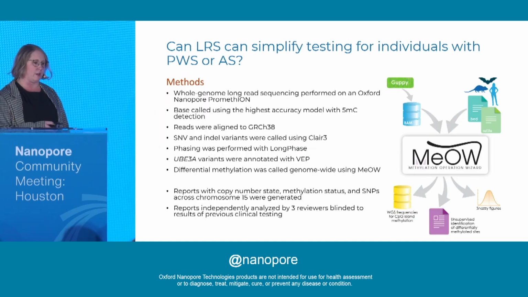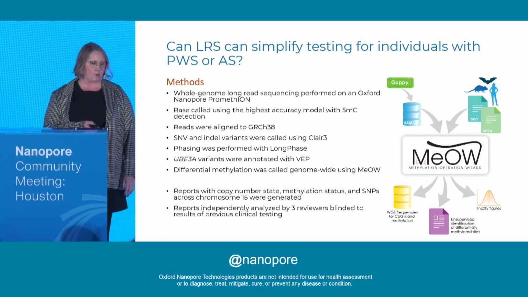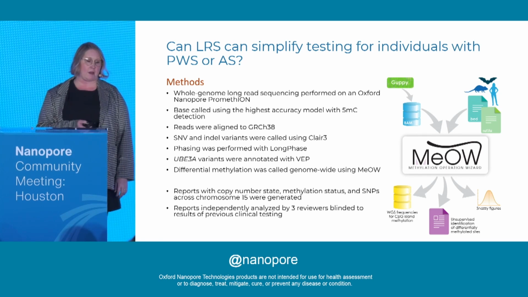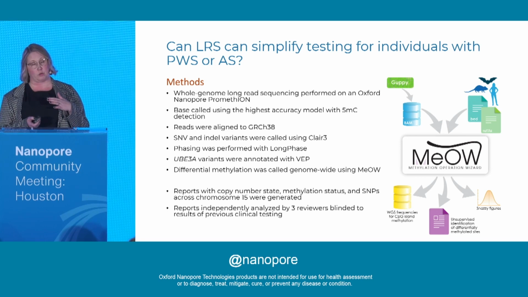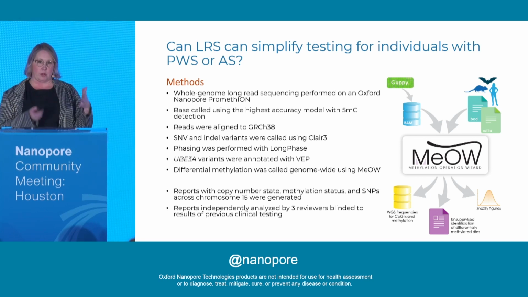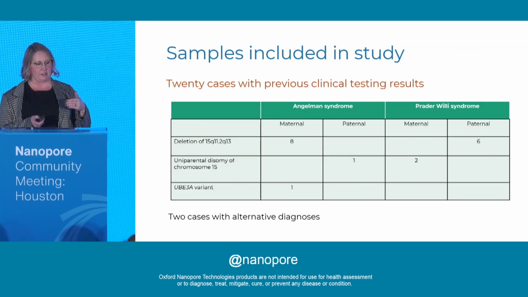The study that I have worked on with my collaborators uses whole genome long-read sequencing from residual samples that we had in our lab of individuals with a known diagnosis of Prader-Willi or Angelman syndrome, generating reports and then reviewing those reports to see if we can take that long-read information and come up with an answer.